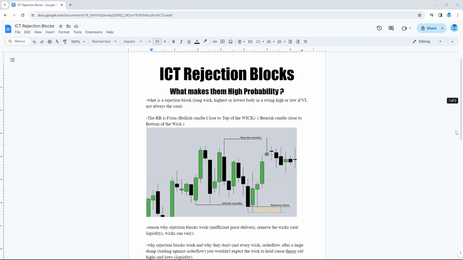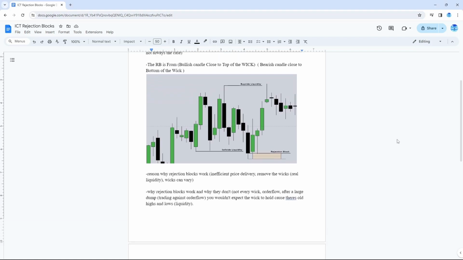In our daily time frame here, we see that we had a range, right?